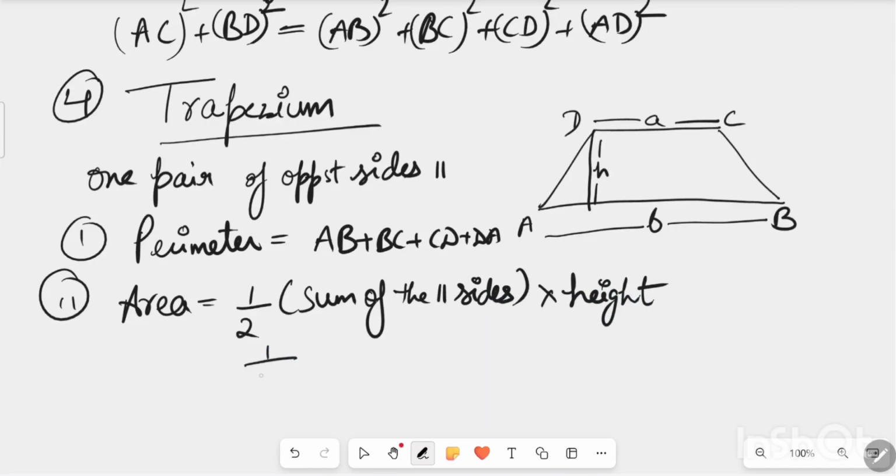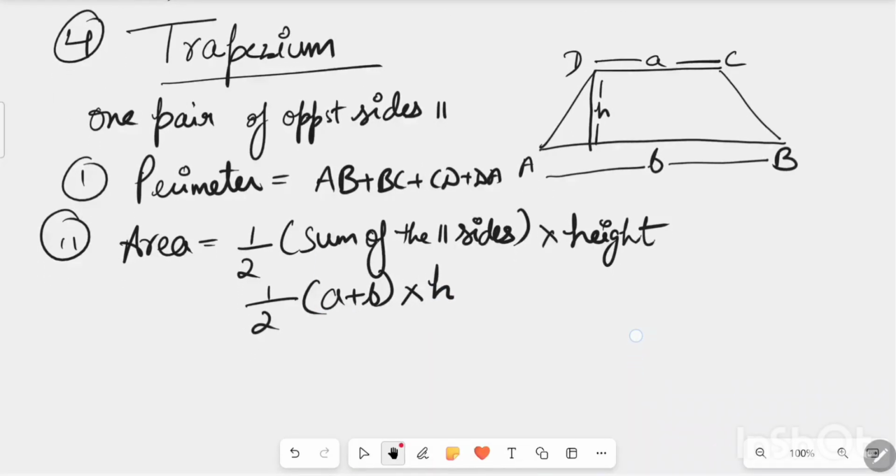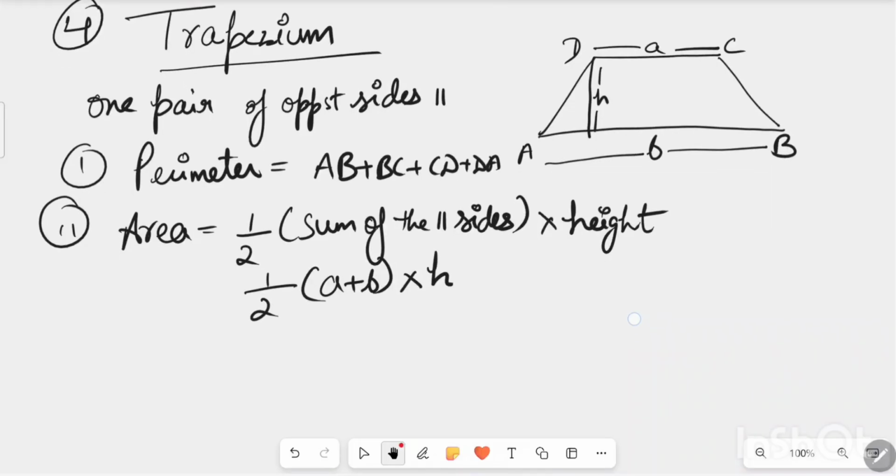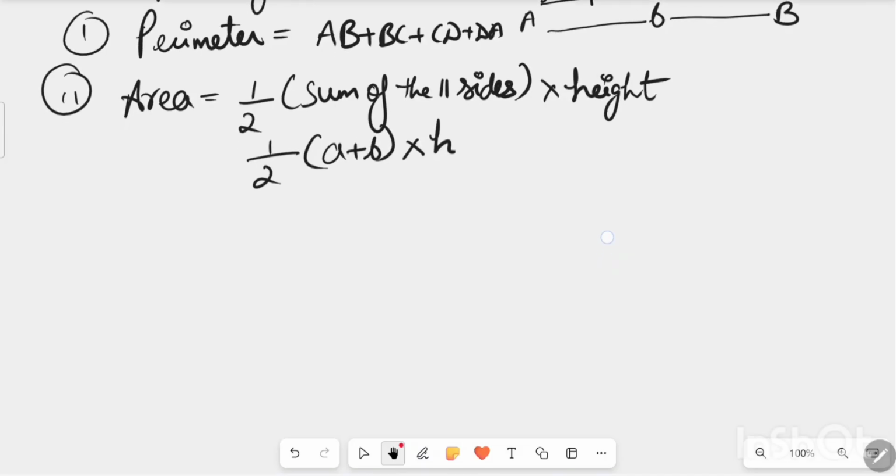So it will be half sum of parallel sides A plus B into height h, where A and B are parallel sides, and h is the height, the perpendicular distance between A and B.